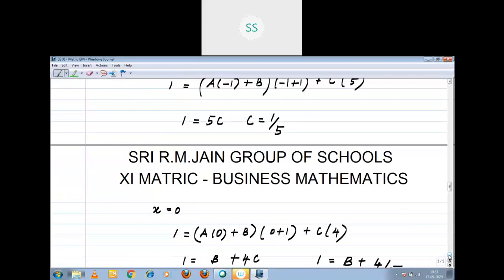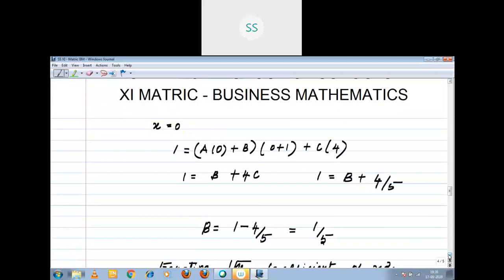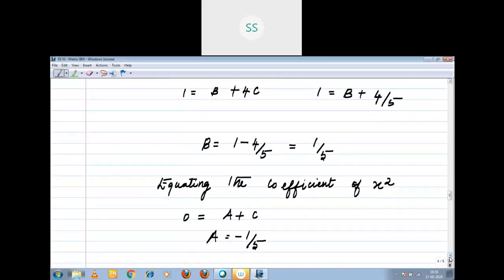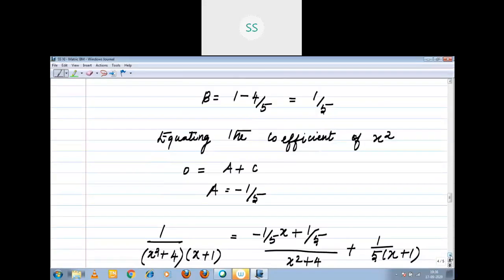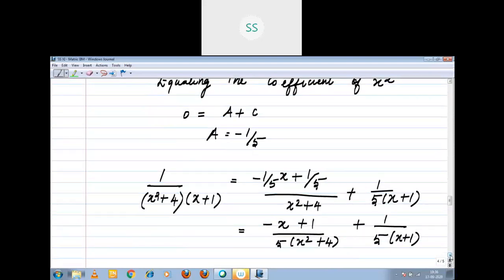Then I substituted x equal to 0, so a vanished and I arrived at b + 4c. I know the c value is 1 by 5, so 4 by 5 plus b equals 1, so b equals 1 by 5. Equating the coefficient of x², I arrived at 0 equals a plus c. The c value is 1 by 5, so a equals minus 1 by 5.